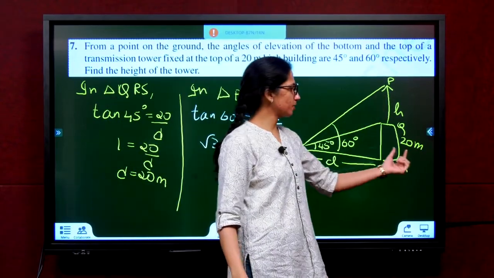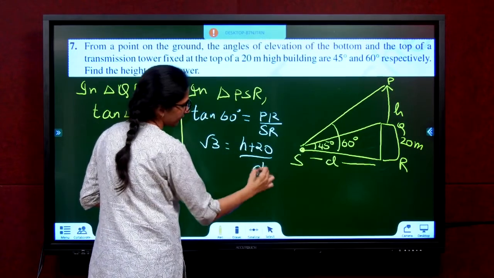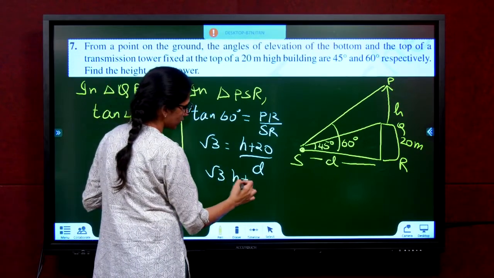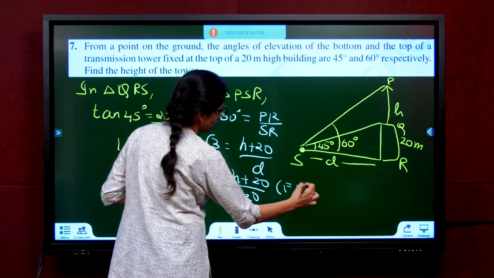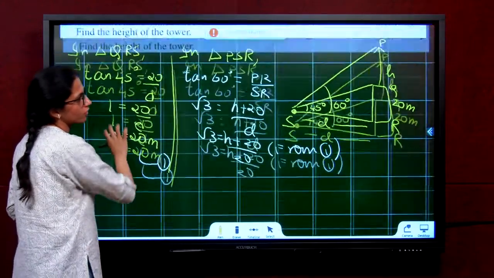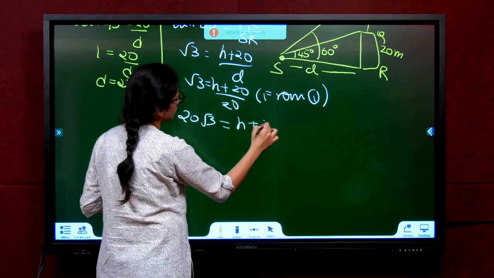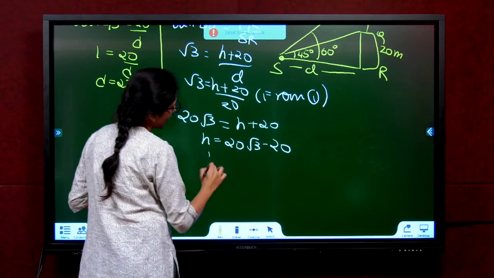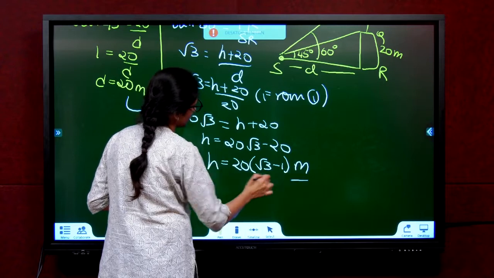PR is H plus 20. SR is D. We know D is 20. Substitute. Root 3 is equal to H plus 20 by 20. How? From 1. Mark it. Just solve for H. 20 will go this side. 20 root 3 is equal to H plus 20. H is equal to 20 root 3 minus 20. H is equal to 20 into root 3 minus 1 meters.